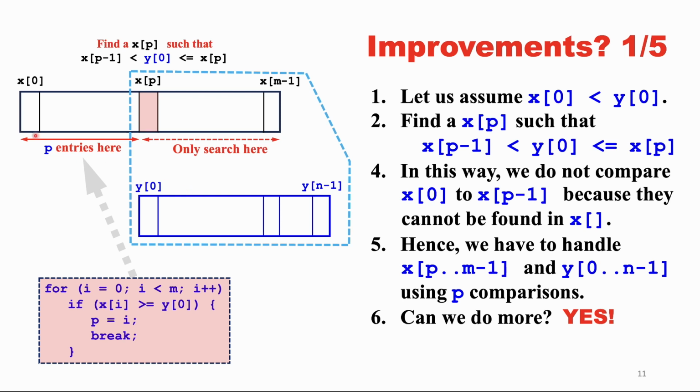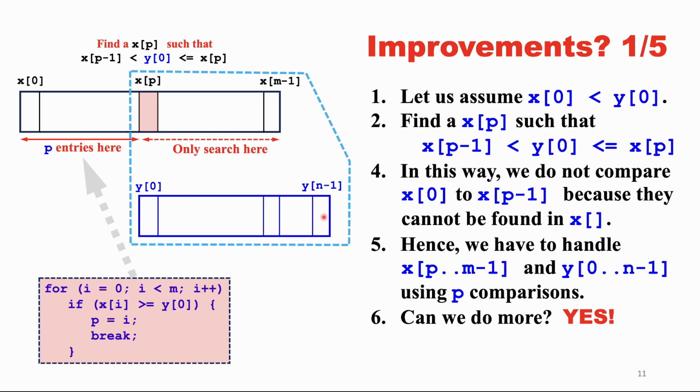In this case, we use p comparisons here to find p. We could remove this part. Once this part is removed, what we need to compare so far is the section from xp to xm minus 1 against the section of y0 to yn minus 1.